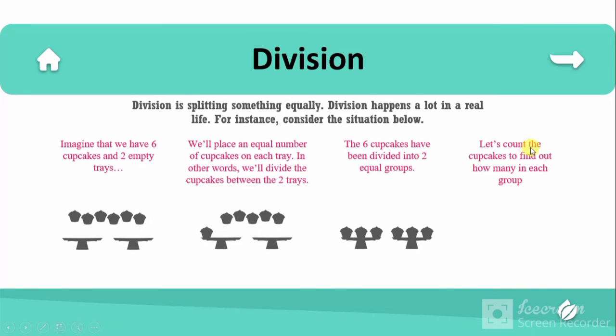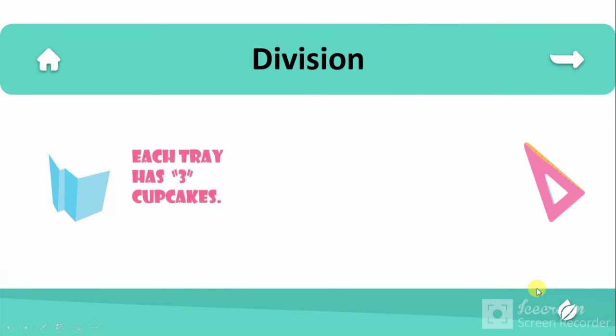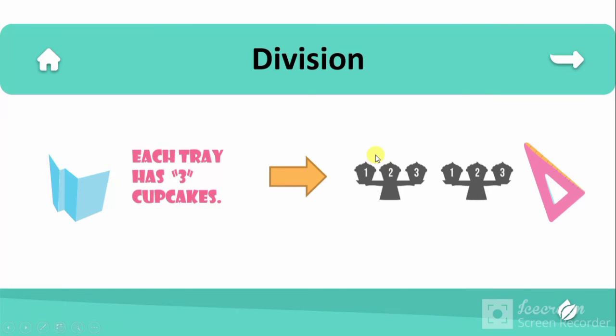And next, let's count the cupcakes to find out how many are in each group. In the first tray, 1, 2, and 3. And the second tray, 1, 2, and 3. Which means each tray has 3 cupcakes. Right?